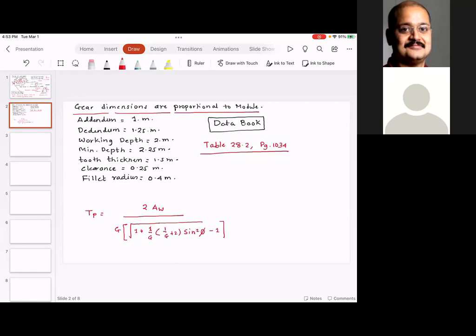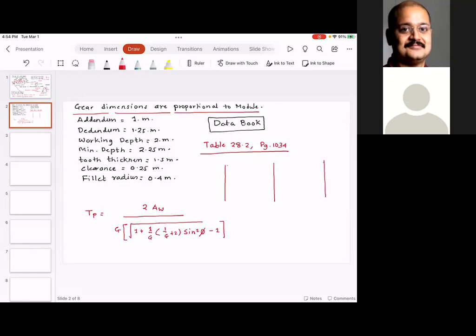There is something called AW, which is a fraction that you select. There is the gear ratio G and the pressure angle, and you substitute all these values and it gives you the minimum number of teeth. But what I usually do is follow a very simple guideline given in table 28.2.